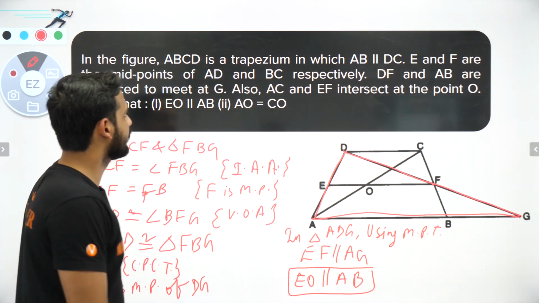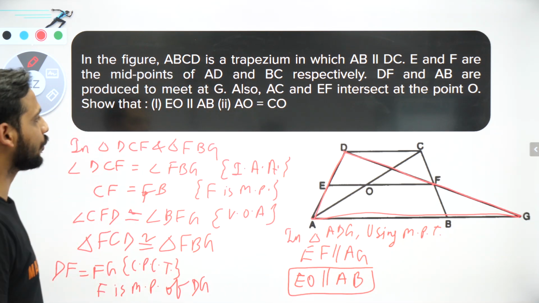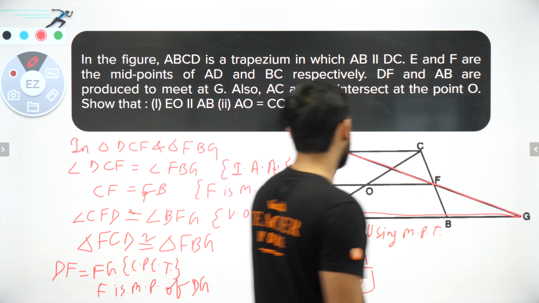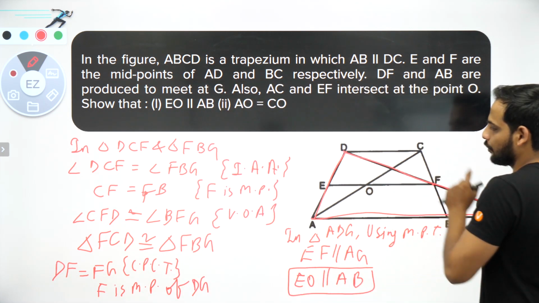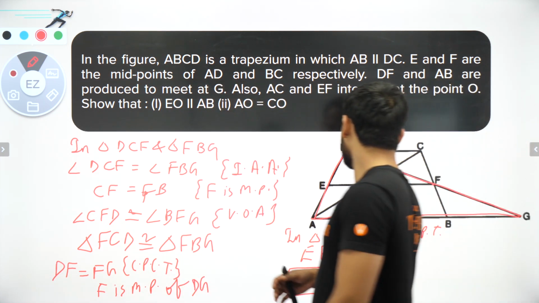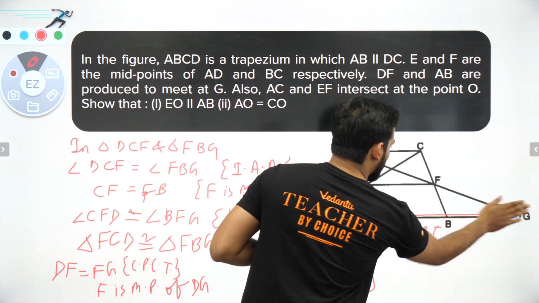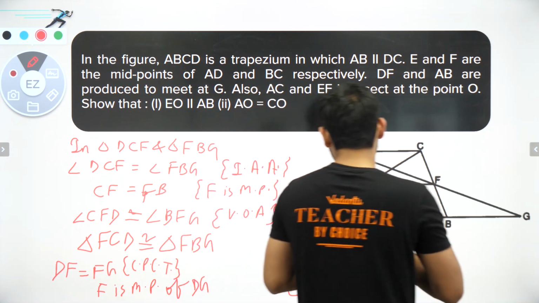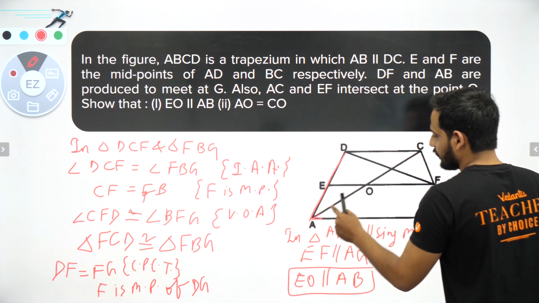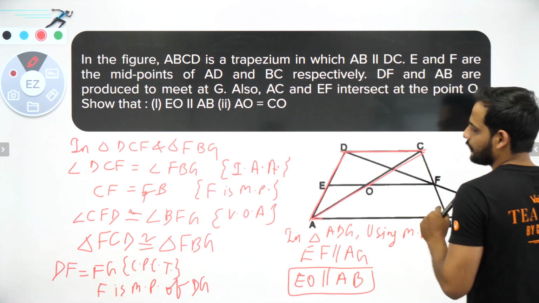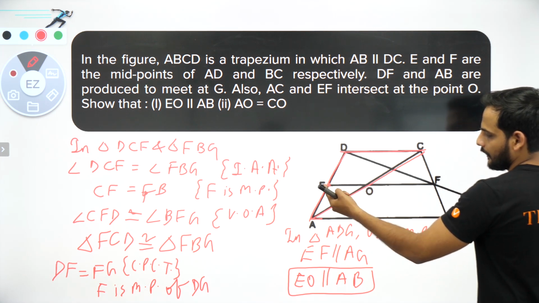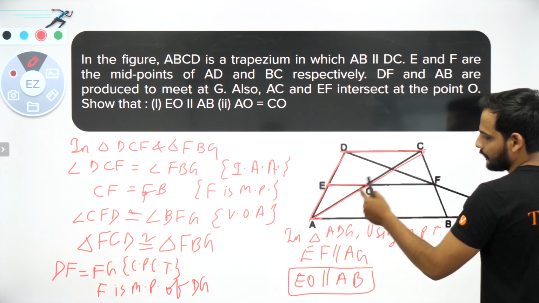The next result we have is AO is equal to OC. You have to prove that AO is equal to OC. Now again, what you can do? See, you can use now converse of MPT. You will be talking in this triangle. So if you use this triangle, you know E is the midpoint, and this EO is parallel to AB.